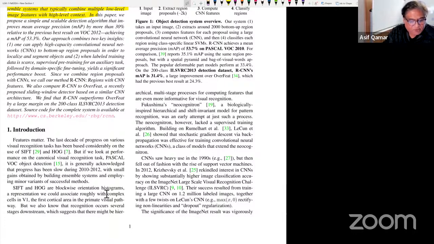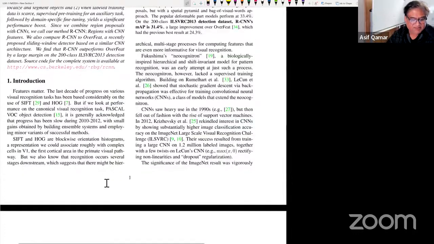But if you look at performance on the canonical visual recognition task, it was generally acknowledged that progress has been slow during the last few years, with small gains obtained by building ensembles, etc. SIFT and HOG are blockwise orientation histograms, a representation we could associate roughly with complex cells in V1, the first cortical area in the primate visual pathway.